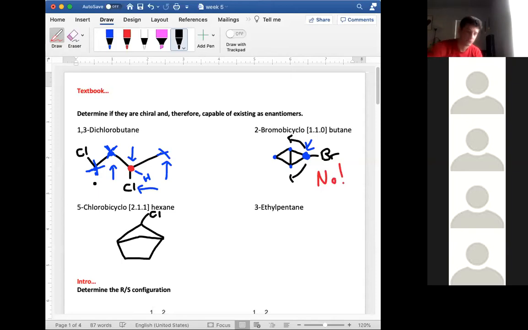All right, so this one's almost the same exact thing as the previous one, right? So looking at this carbon, looking at this carbon, do you guys see 4 different groups coming off of that and or going around the ring?